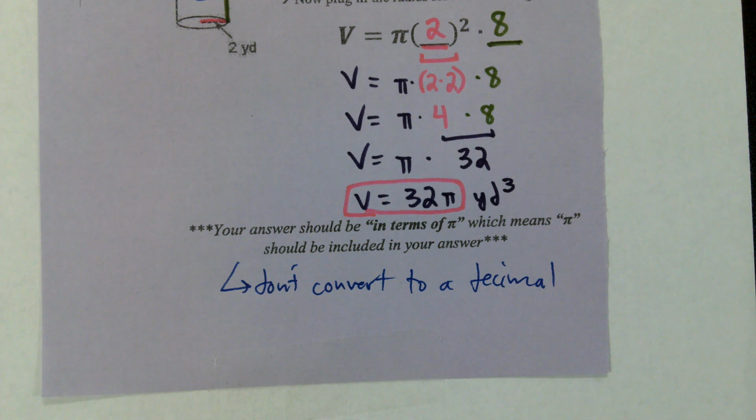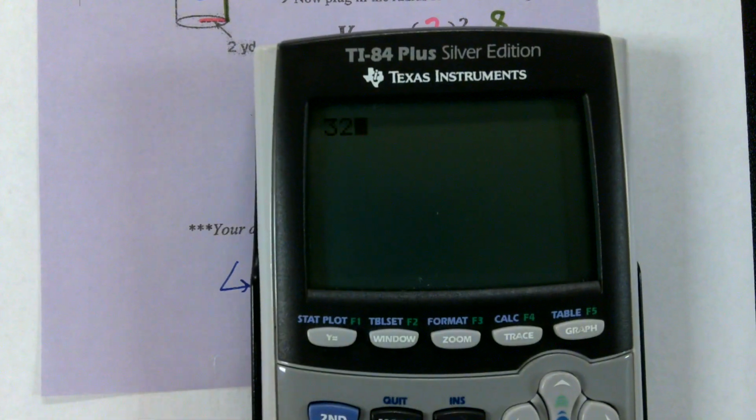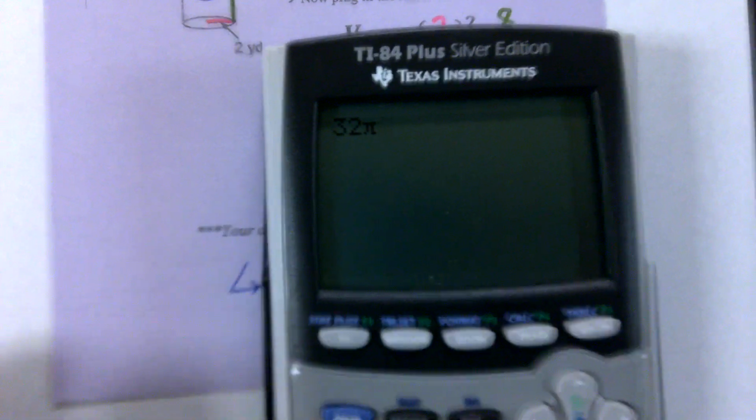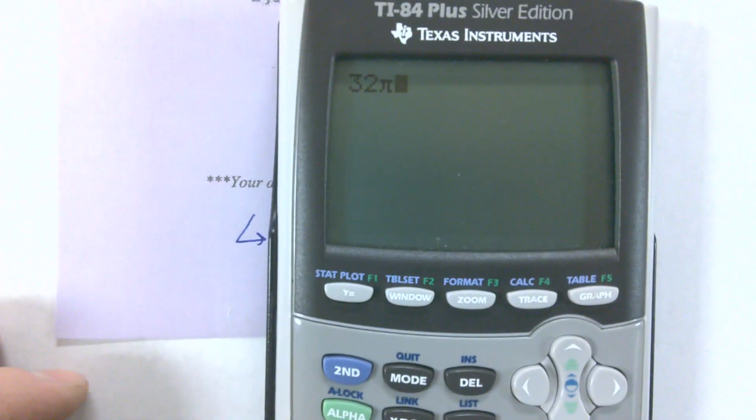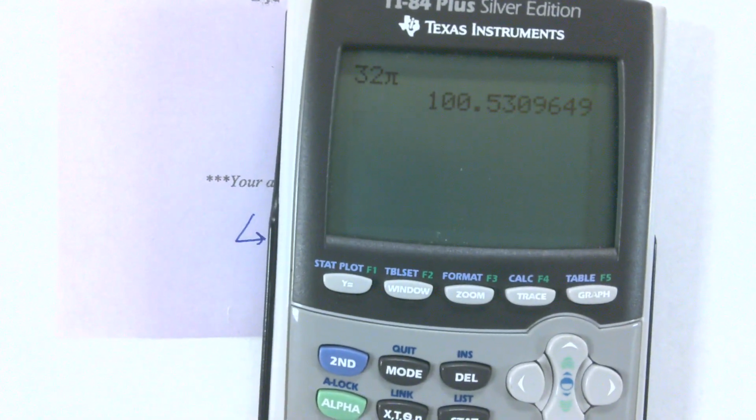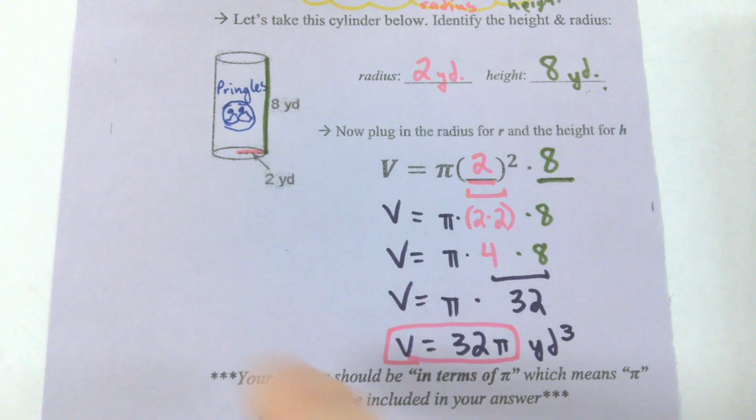Now, that doesn't really make sense, right? We can't really visualize what that is in our head. So we can always type in 32 pi into our calculators. And we can get an approximate that this is about equal to 100 cubic yards. Now, volume is kind of tricky because it's hard to wrap our mind around this idea that we can fit 100 cubic yards of whatever, water, let's just say, into this cylinder.